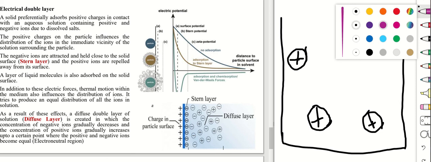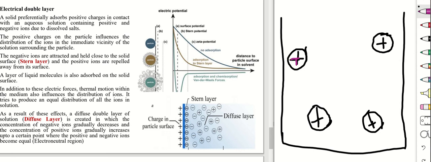Now for example, if the drug particle is positively charged, this drug particle having positive charges will actually influence the distribution of ions in the solution surrounding it because of the charge that is carried by this particle.